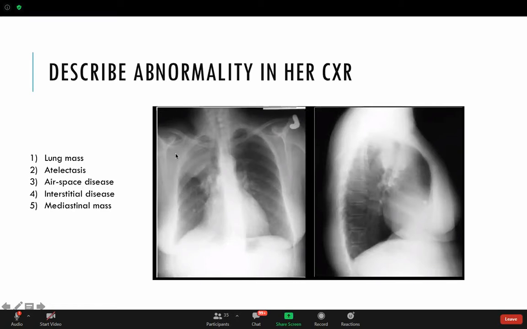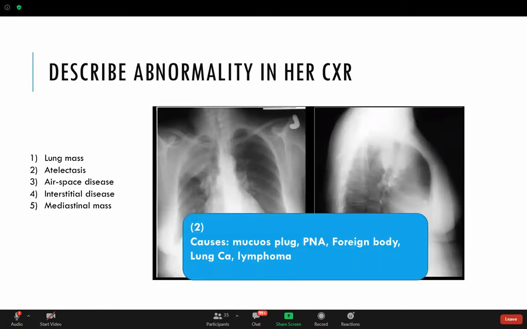So yes, whoever answered atelectasis, that is the right answer. And don't forget atelectasis can be secondary to mucus block or cancer or anything that can block the airway. Causes can be mucus block, pneumonia, foreign bodies, lung cancer, or lymphoma.